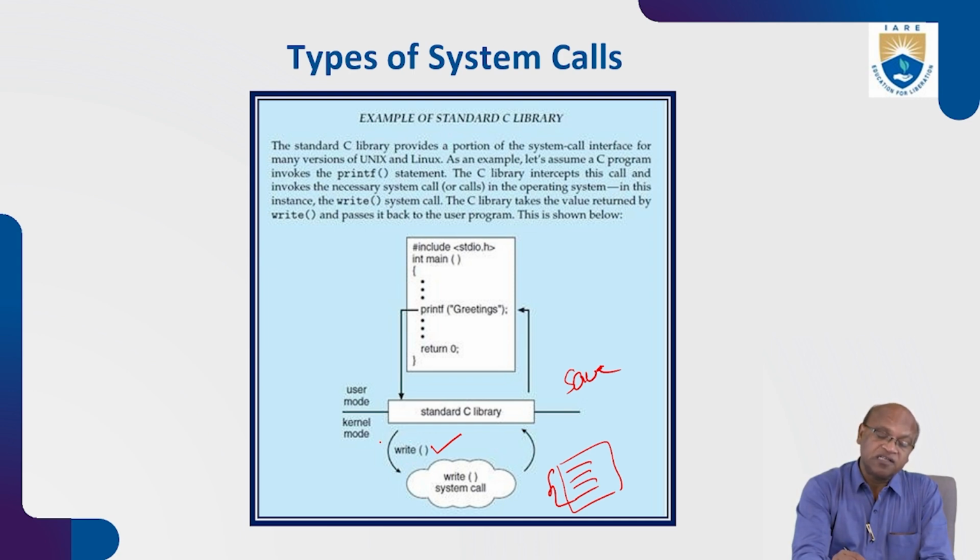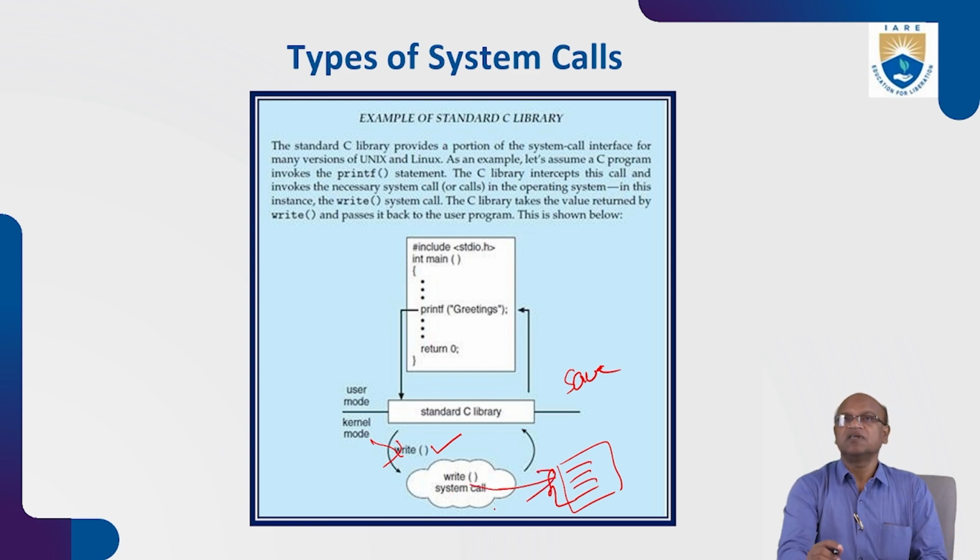For saving the data in the hard disk, it will invoke the write system call, and it will write the program to the hard disk. Very simple. This is how system calls work.